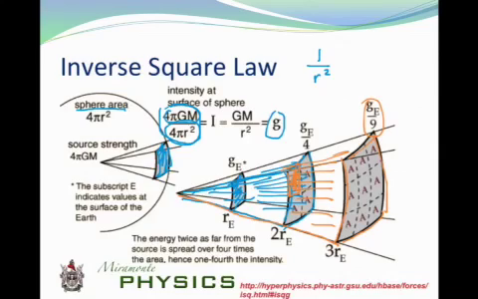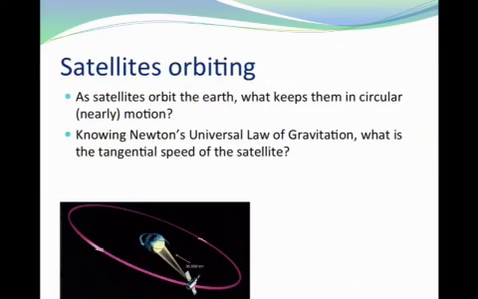So the gravitational strength drops off as a function of 1 over the radius squared. It's an interesting relationship: as you get further from the center of a sphere, the surface area gets larger, which diminishes the effect of the strength of a gravitational pull or other types of forces we'll talk about later.